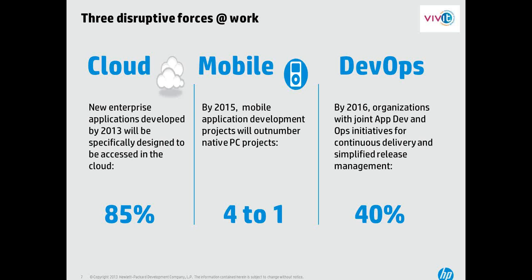And they will be offered at a much more continuous, faster delivery cycle than we did in the traditional mechanism in the past. So it is not surprising that in newer enterprises, about 85% of the applications which are being built are also being built for cloud. The ratio of mobile devices to PCs has significantly increased.